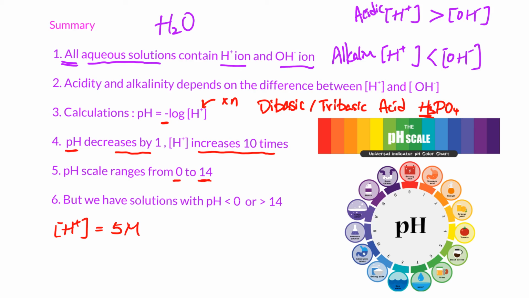For this one, the pH should be negative 0.69. So you can see that we can have solutions with pH lower than zero, that means negative. At the same time, you can also have pH values larger than 14. It's just that our daily commodities fall in this range. It doesn't mean that beyond this range we don't have those kinds of chemicals.